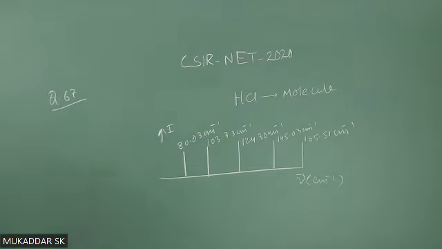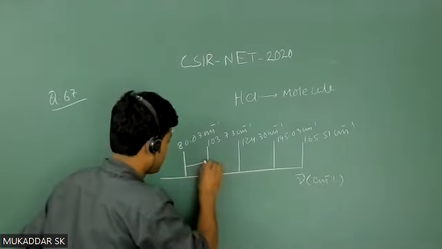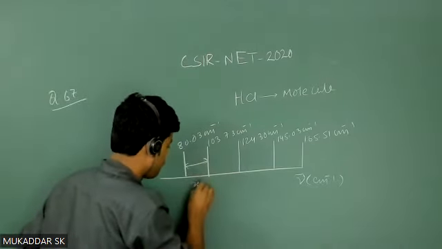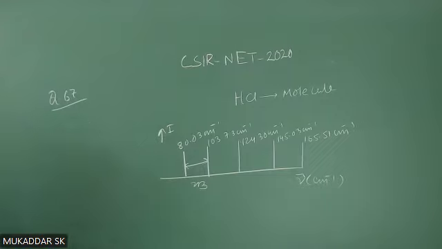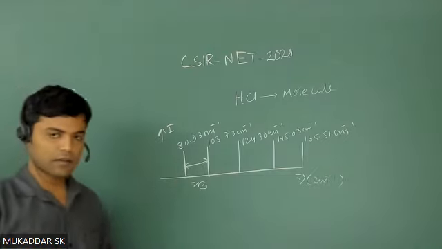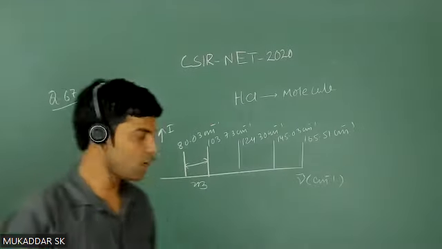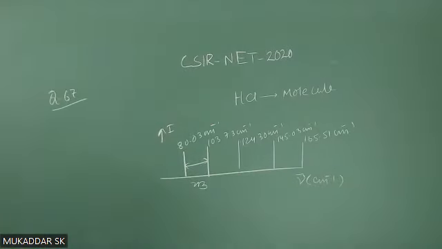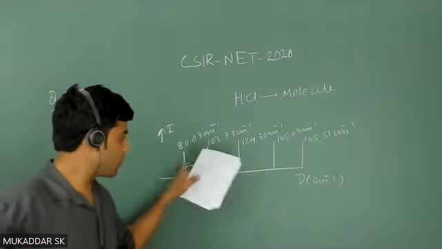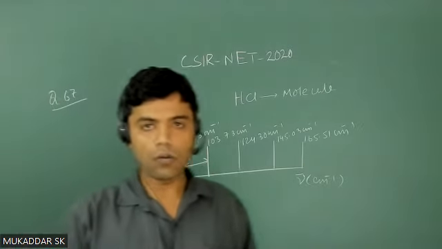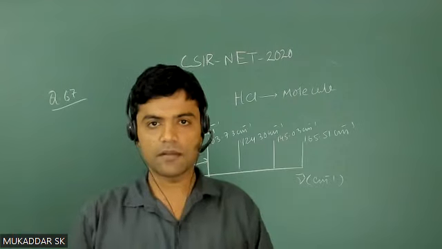As you know, the separation between two successive lines in the spectra is denoted as 2B. But if we calculate the separation between two successive lines in the rotational spectra, there will be a slight deviation in that value 2B. It will not be constant, it will be almost the same values, but with small deviation.